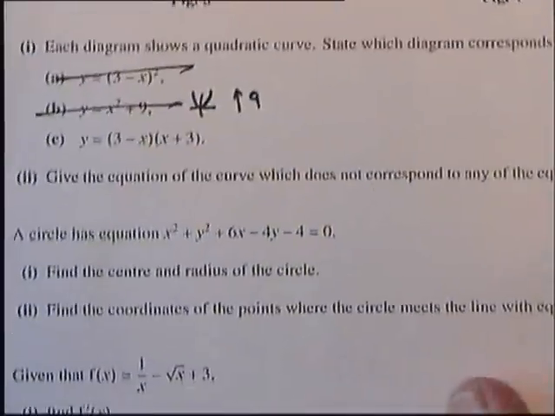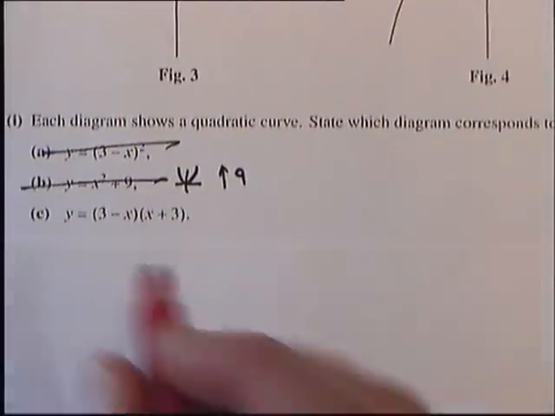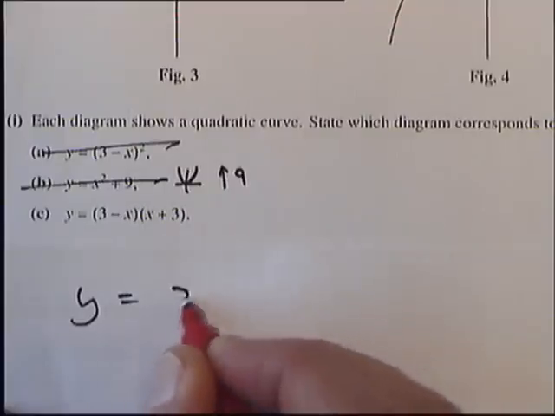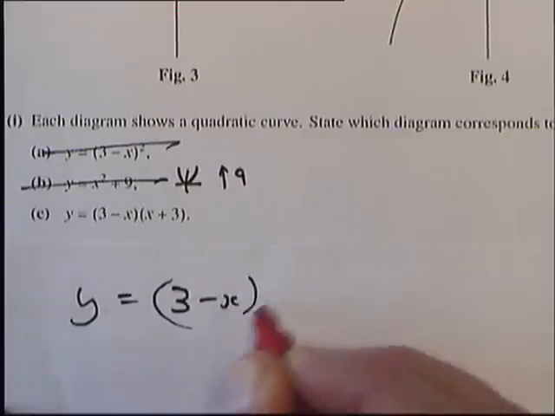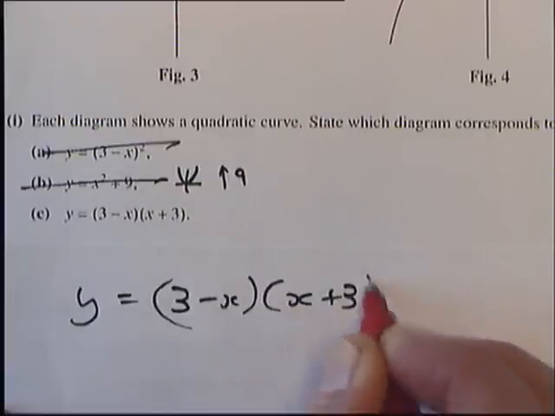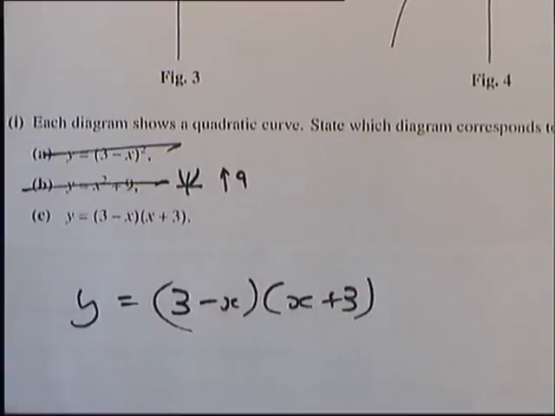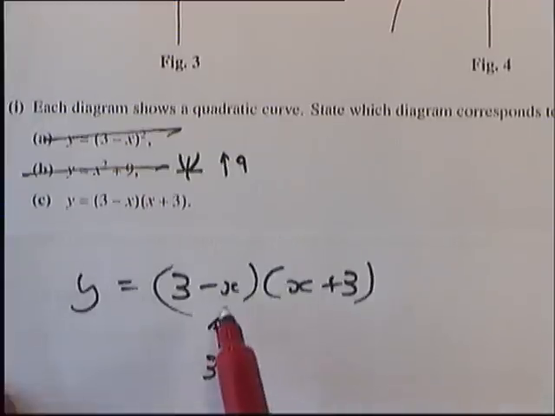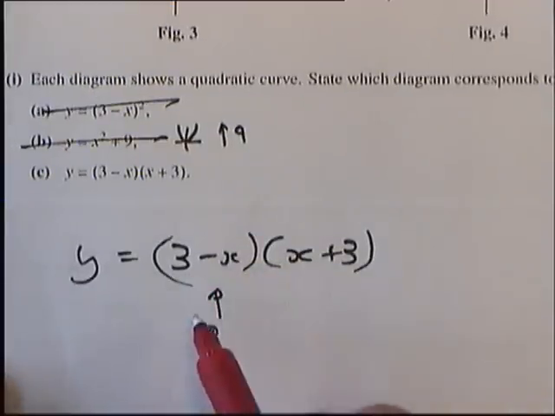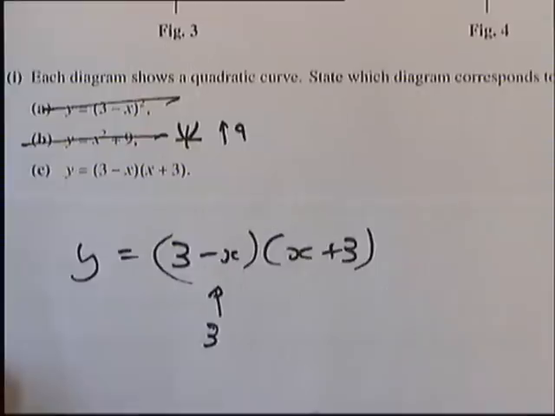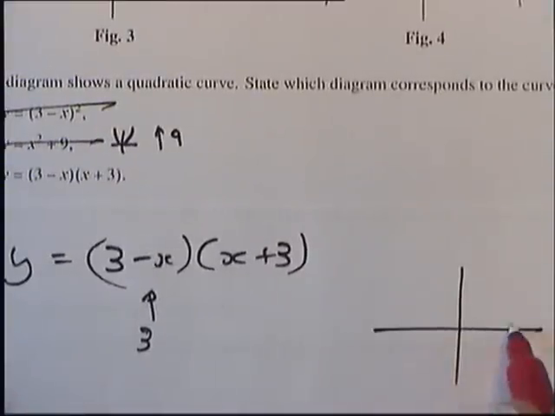So if we look at the equation we've got left on the exam paper, it is y equals 3 minus x times by x plus 3. Again, let's see what value of x makes this 0. Well, if that x there is replaced by a 3, this bracket becomes 3 minus 3, which is 0, and 0 times by anything is 0. So that tells us that this graph will cross the x-axis at 3.